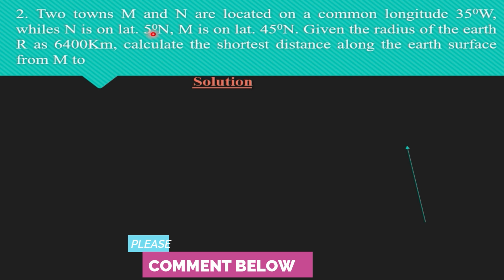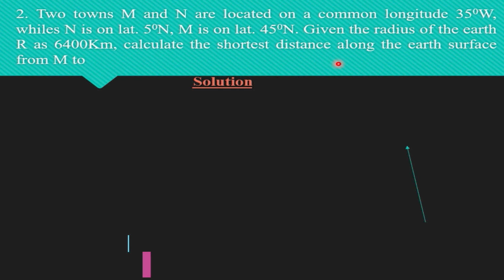While N is on latitude 5 degrees north, M is on latitude 45 degrees north. They are all in the same sector, the northern sector. So given the radius of the Earth as 6,400 kilometers, calculate the shortest distance along the Earth's surface from M to N.